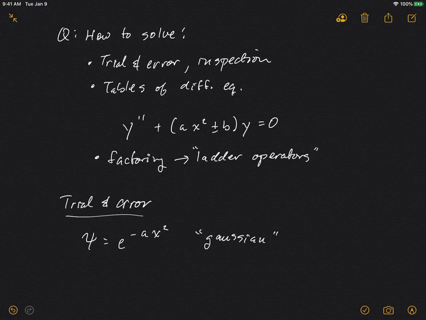And with that, I think I will end this lecture. Next lecture, we will try taking second derivatives of this function and then see if we can fix it up so that it's a proper solution to the Schrodinger equation for the harmonic oscillator. And that's just one solution.